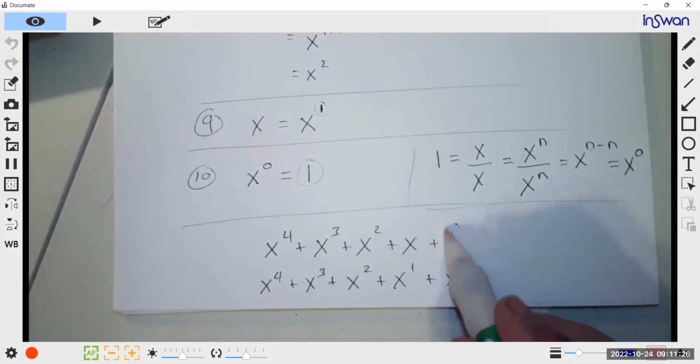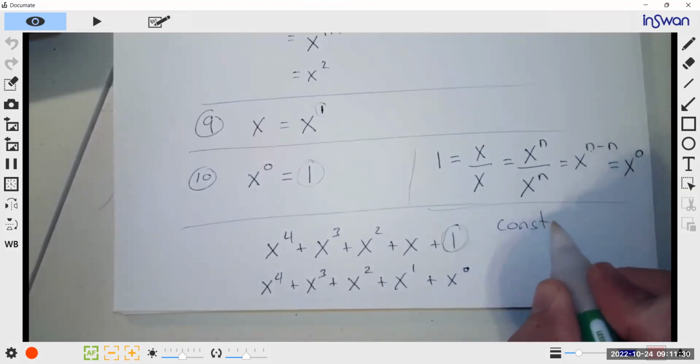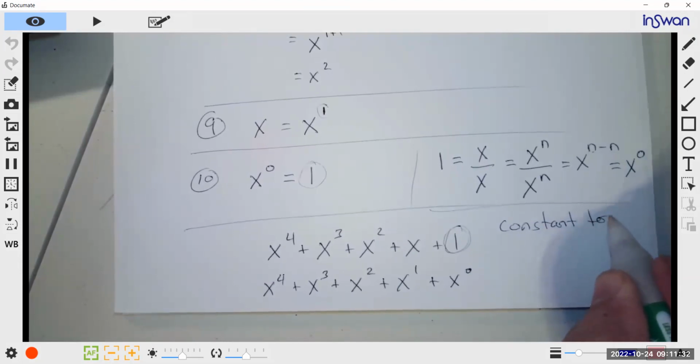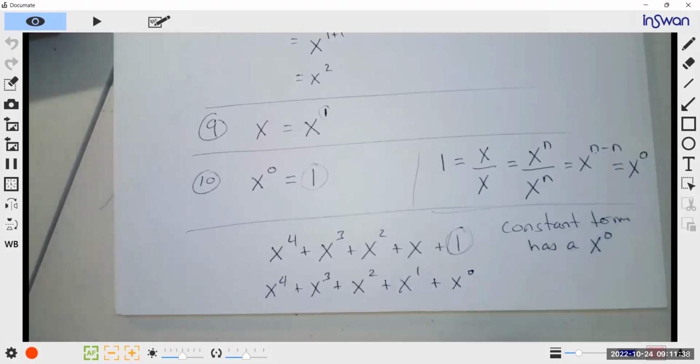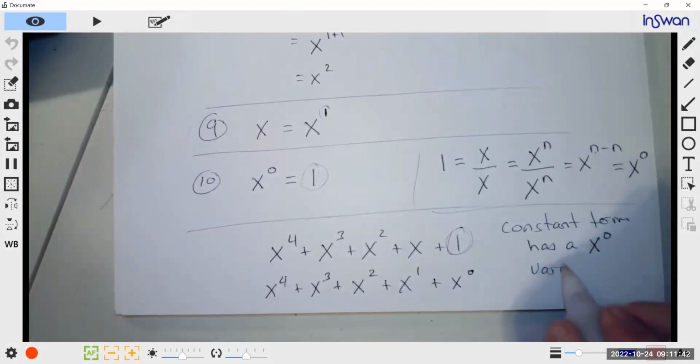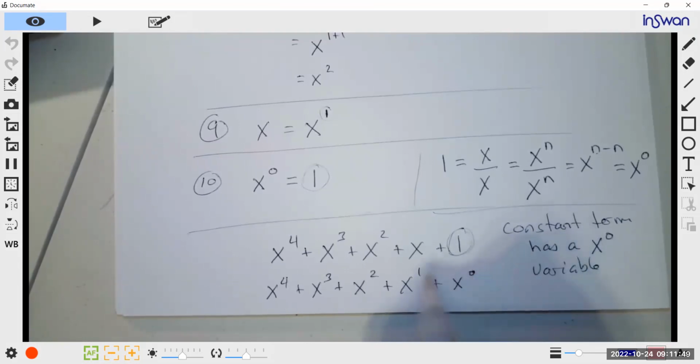So the constant term has an x to the 0 variable. This has 0, 1, 2, 3.